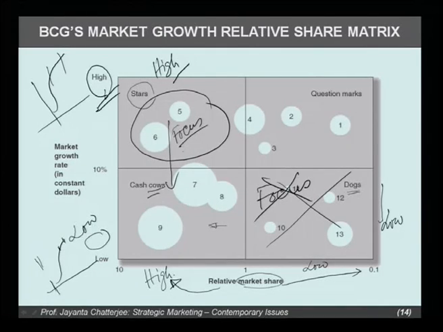There is another type of business where the relative market share is low, but the market is growing rapidly. So, a company like Micromax in India or some of those other Indian mobile phone manufacturers, they have 2%, 5%, 6% market share.